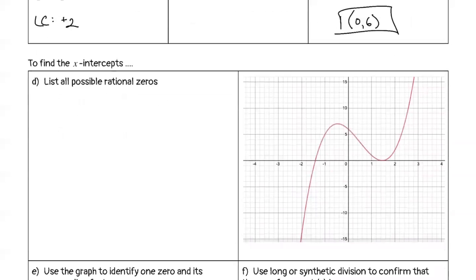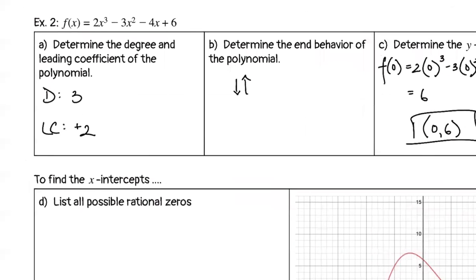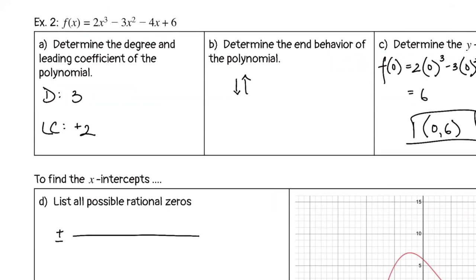All right, let's list our possible rational zeros. This part is newer for us, so I'm going to give you a moment to write down what you think the factors are that belong on the top and the factors that belong on the bottom. Let's practice the things that are newer for us.